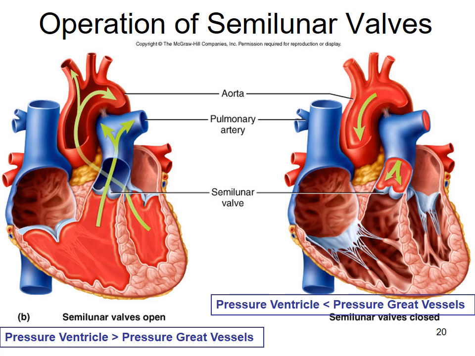And as it drops, there will come a time where the pressure in the ventricle is less than the pressure in the great vessels. And at that point, we're going to notice that the blood will have a tendency to flow back. Notice how the green arrow now on the right-hand side of my illustration is pointing back to the ventricles. At that part, your semilunar valves will close off, preventing blood from flowing back.